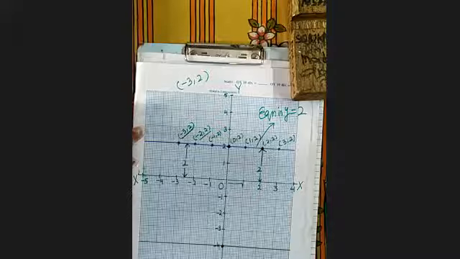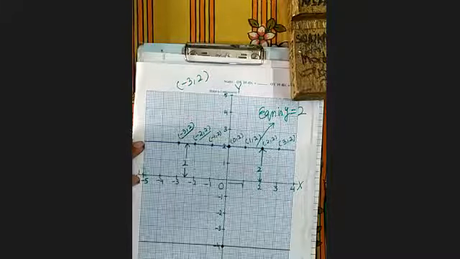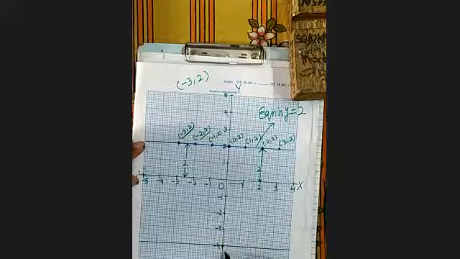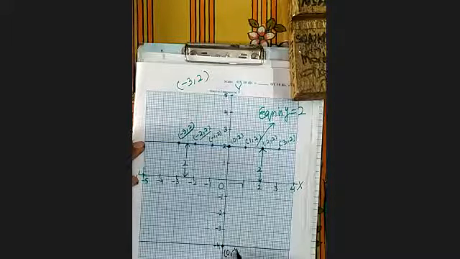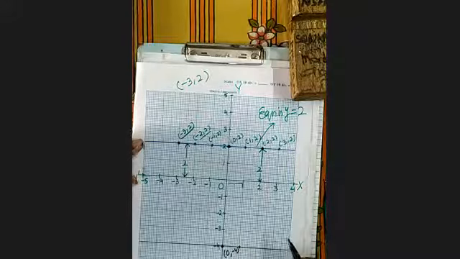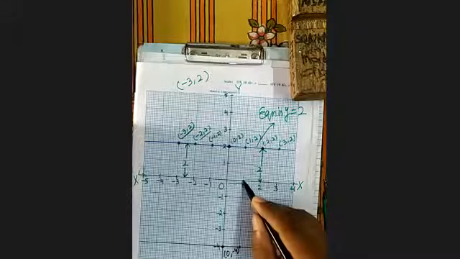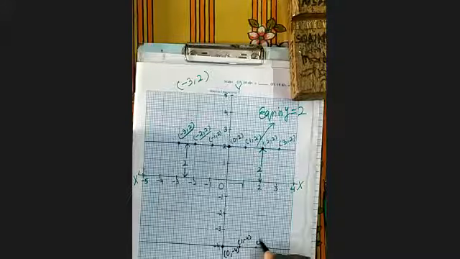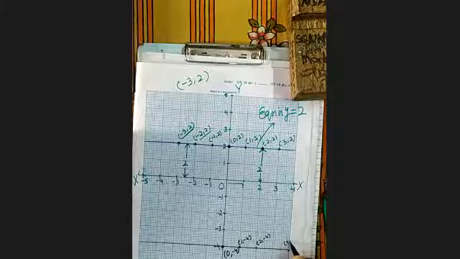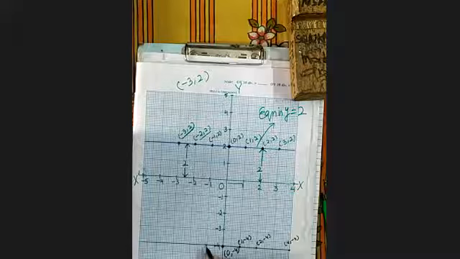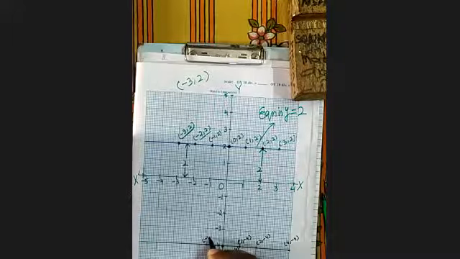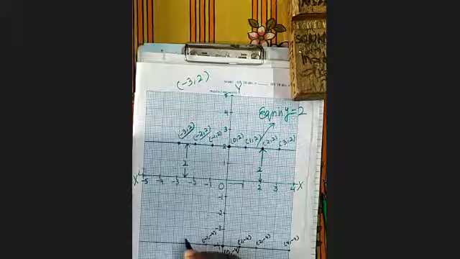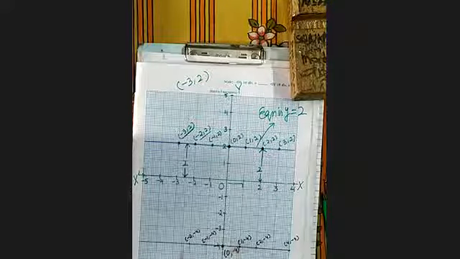What is the coordinate of this point? It is on the y-axis, so it will be 0, comma, -4. Coordinate of this point, 1, comma, -4. 2, comma, -4. 4, comma, -4. -1, comma, -4. -2, comma, -4.